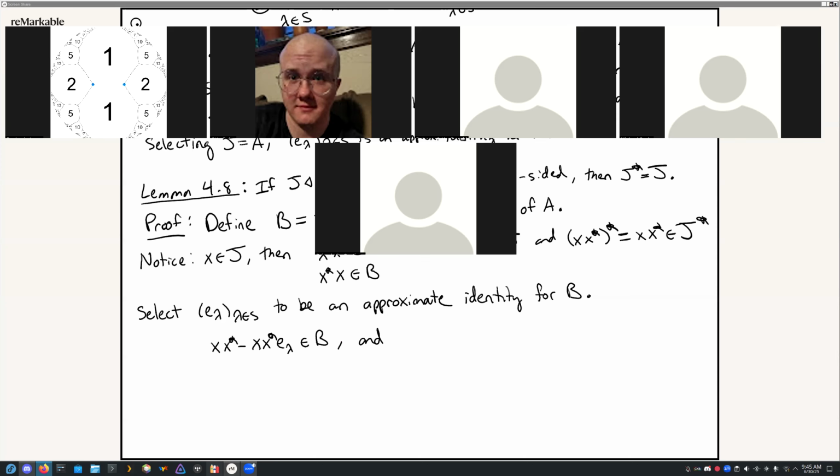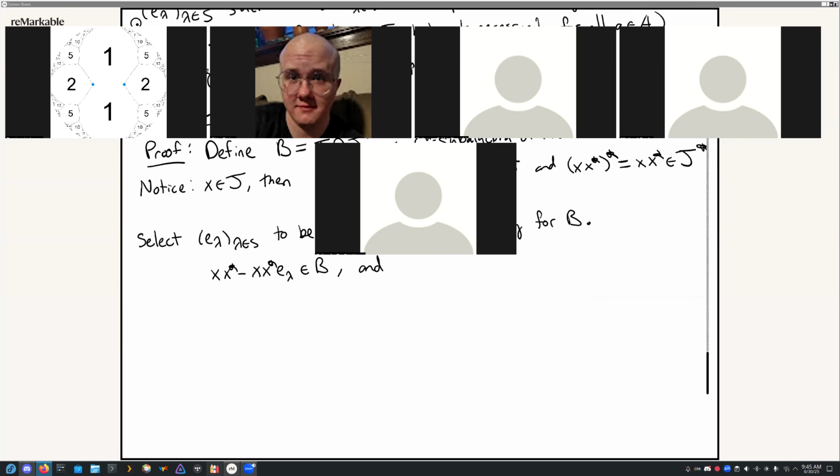And then we do the following calculation. We compute the limit of the norm of x star minus x star E lambda.